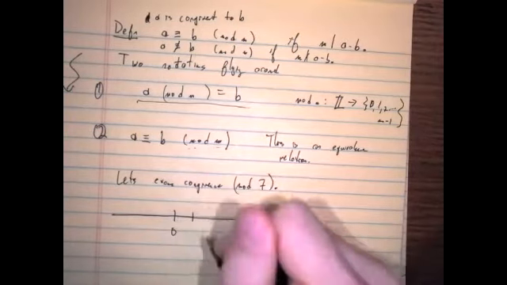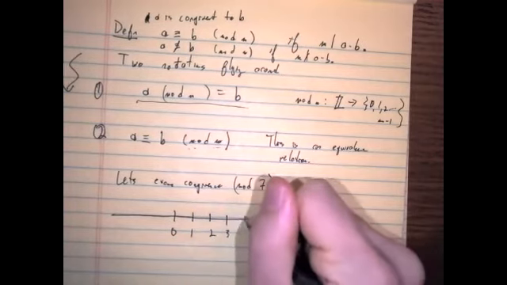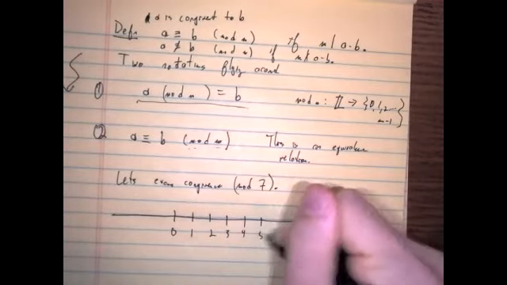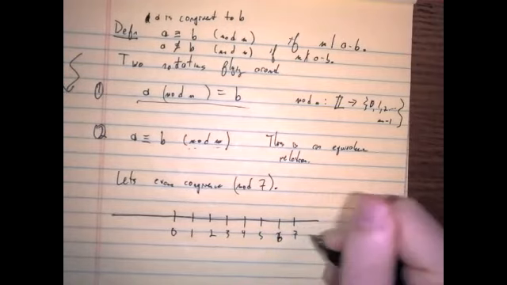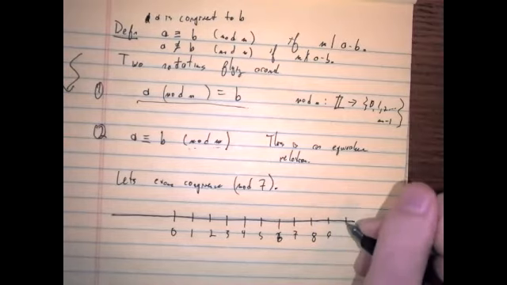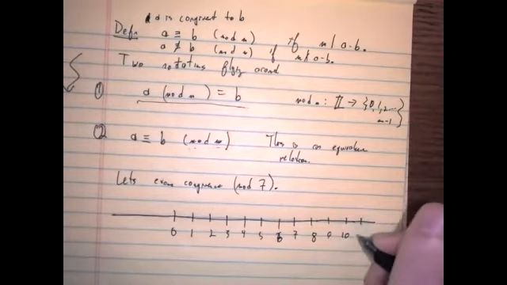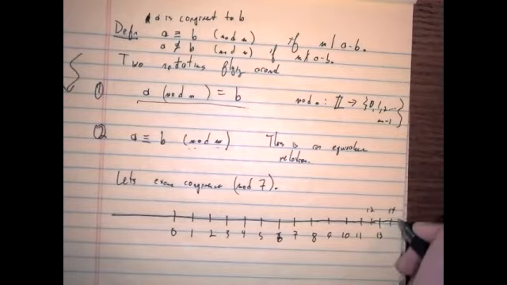So I'm going to write down part of the number line: 1, 2, 3, 4, 5, 6, 7, 8, 9, 10, 11, 12, 13, 14, and 15 maybe.